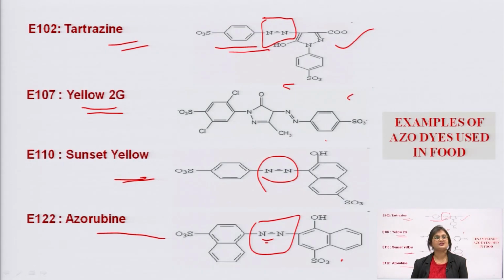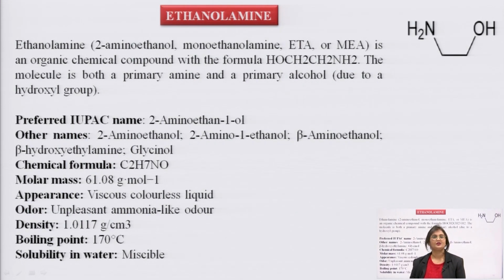With this we move on to discussing various derivatives of amines and their structure and their uses. The first type of amine is ethanolamine.